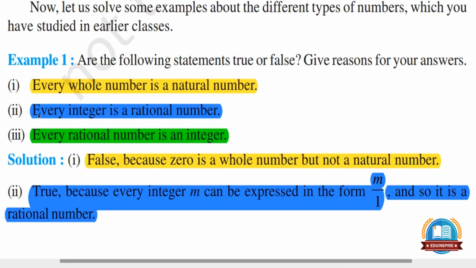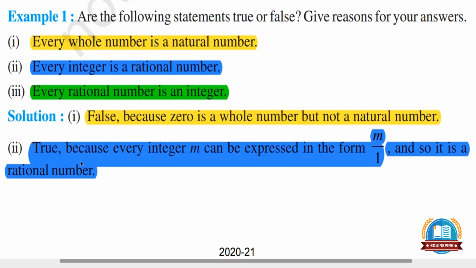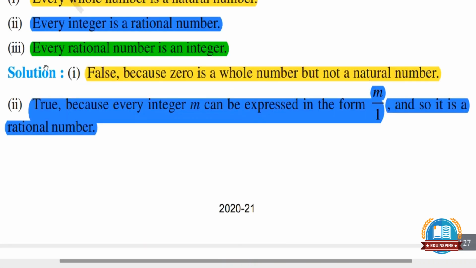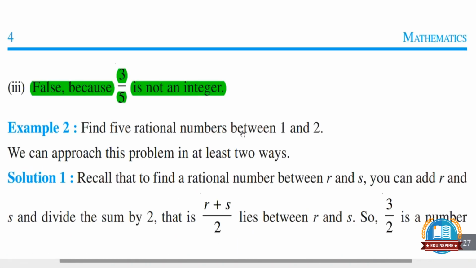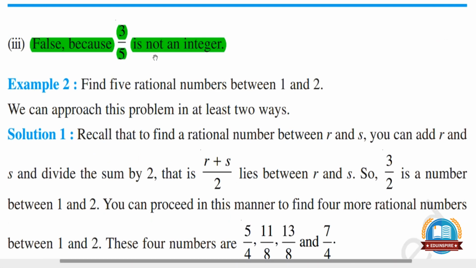The second statement says every integer is a rational number. The statement is true, because integer n can be expressed in the form of n upon 1, and so it is a rational number. The third statement is every rational number is an integer, and the answer to this statement is false, because 3 upon 5 is not an integer.